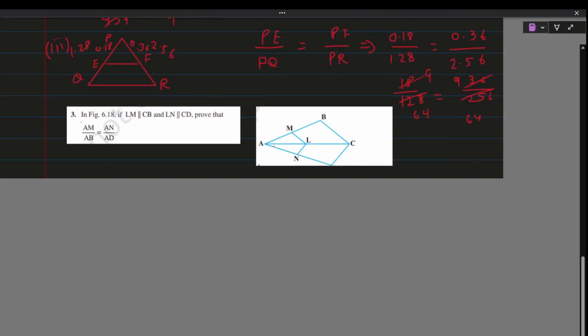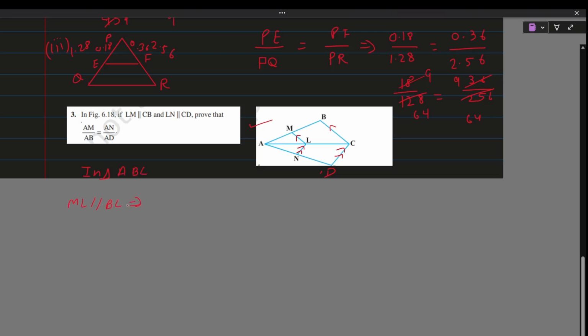In this question, a figure is given. LM is parallel to BC and this side LN is parallel to CD. This is D. And we have to prove that AM by AB is equal to AN by AD. Okay, let's first take the triangle ABC. It's already given that ML is parallel to BC.